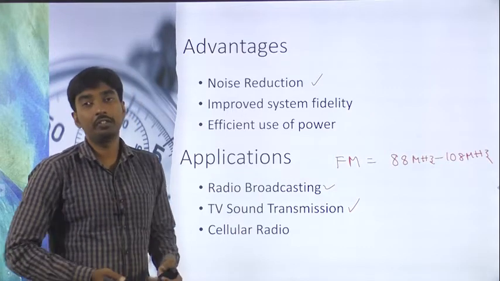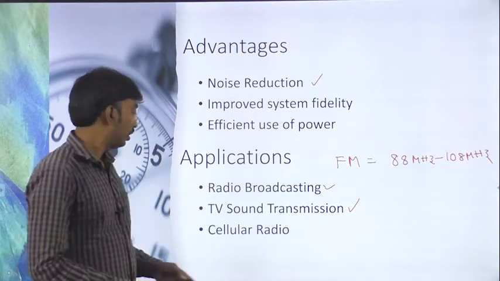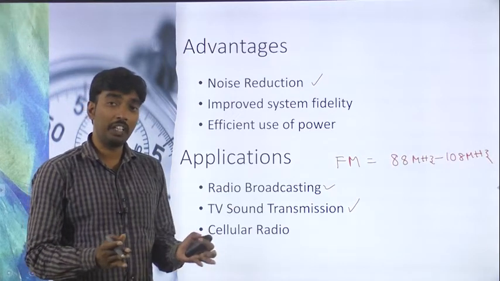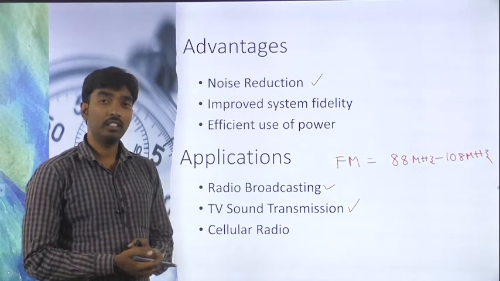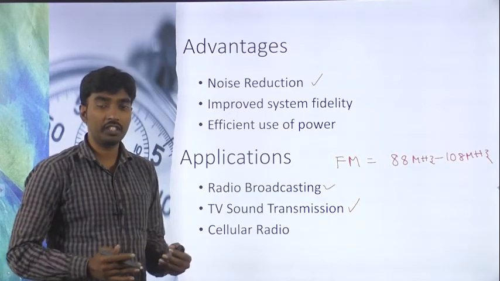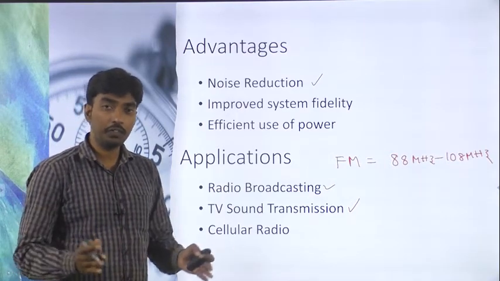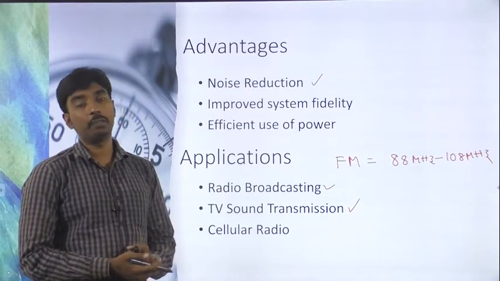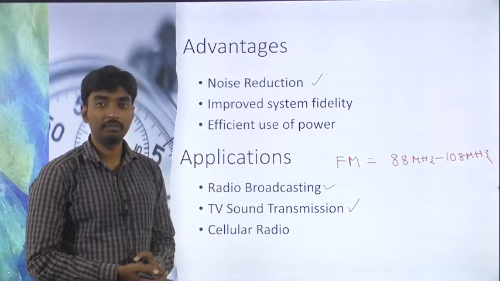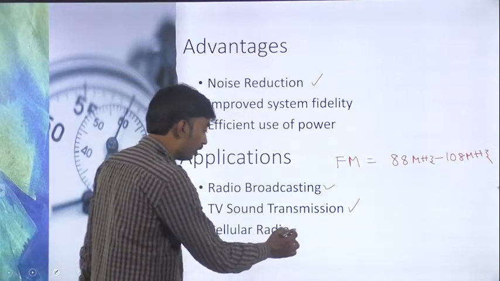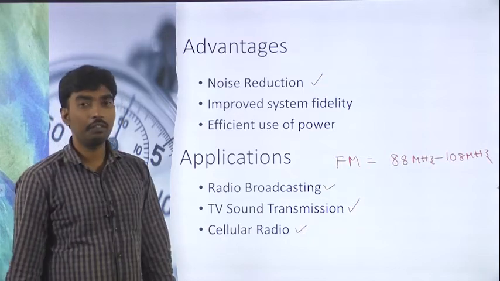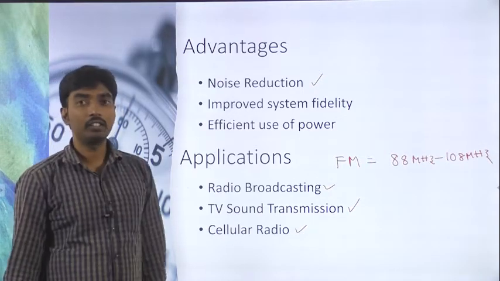For transmission of audio we are using FM, where the bandwidth is high, all the audio frequency components we can transmit because of more bandwidth. And then even we can use it in cellular radio. So these are the major applications and major advantages of FM.